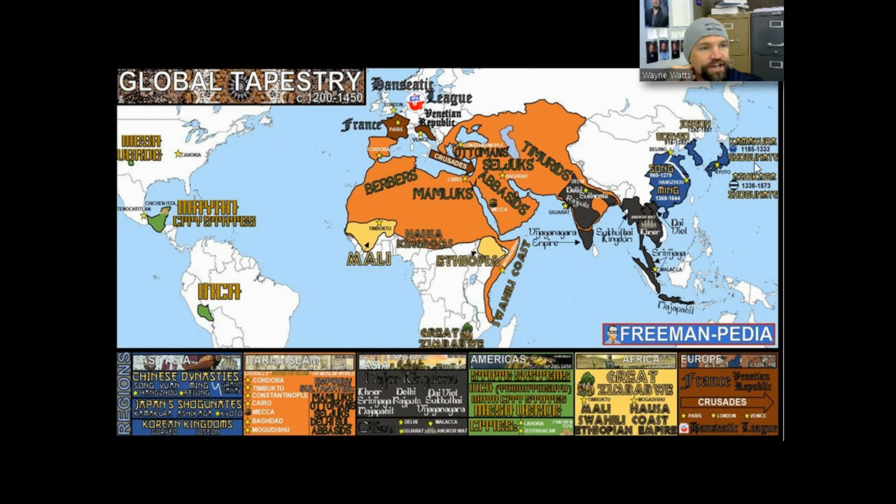In Japan, they're going to have the shogunate. In Southeast Asia, there's the Srivijaya Empire. There's Angkor in the Khmer Empire. There's Sukhothai. There's the Sinhala dynasties in Sri Lanka. In southern India, there's the Vijayanagara Empire. In northern India, there's the Sultanate of Delhi that is being contested by Rajputs.